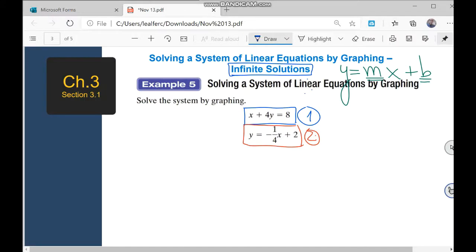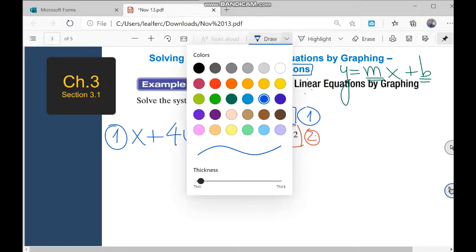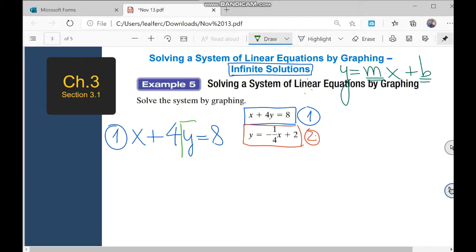That's what we're going to do with equation number 1 here, which is x plus 4y equals 8. Move everything to the right-hand side of the equation and keep only y on the left-hand side.